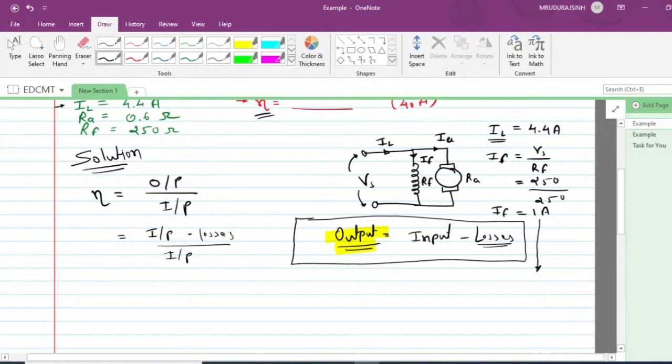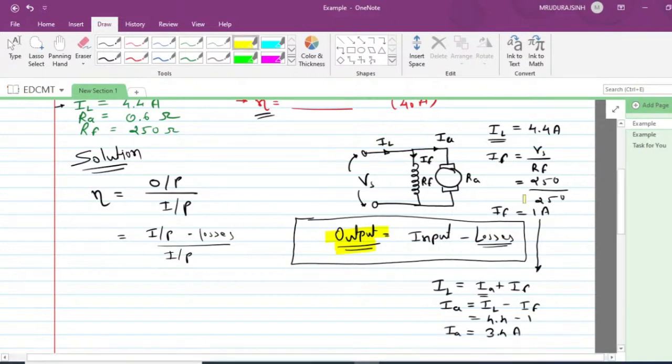Now focus over here. IL line current is IA plus IF. Now we want IA, armature current. So IA is equal to IL minus IF. IL is 4.4 ampere and IF is 1. So we get 3.4 ampere of armature current. IA is equal to 3.4 ampere.